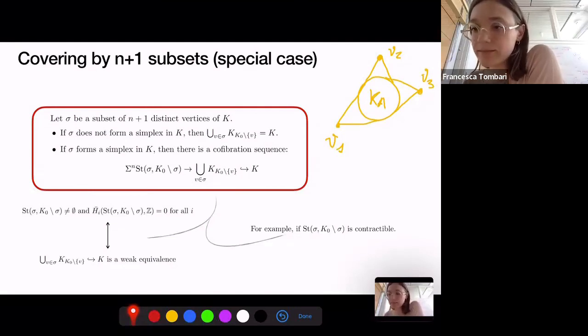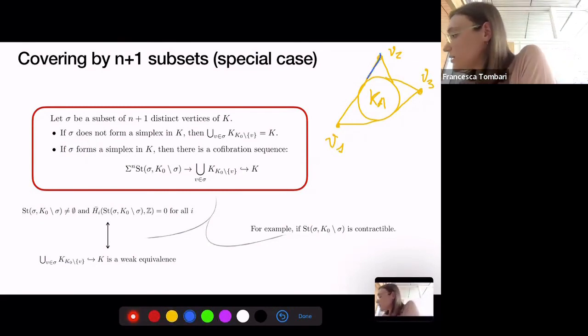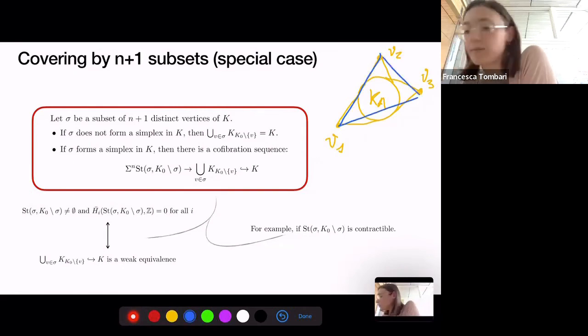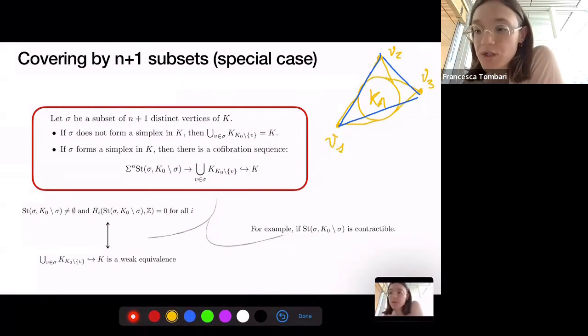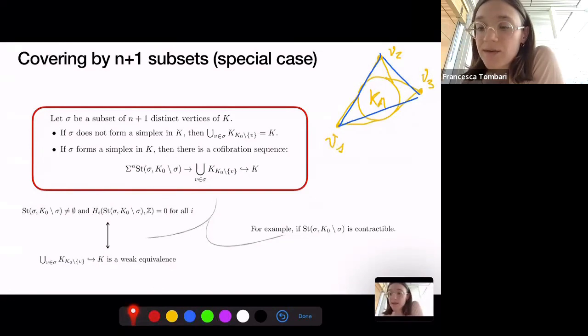If it does form a simplex, then the nth suspension of the obstruction complex of this simplex fits into this cofibration sequence, meaning that there is a long exact sequence in homology, and we can relate the homologies of these 3 pieces.